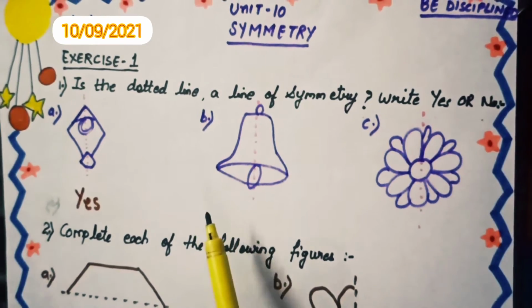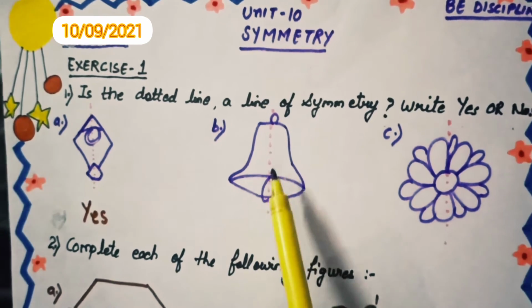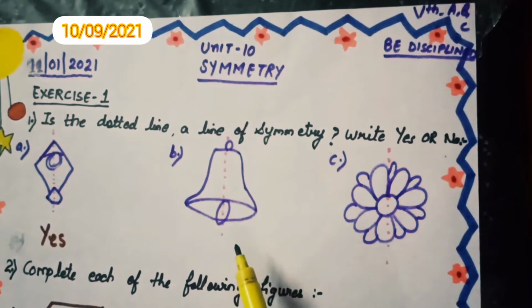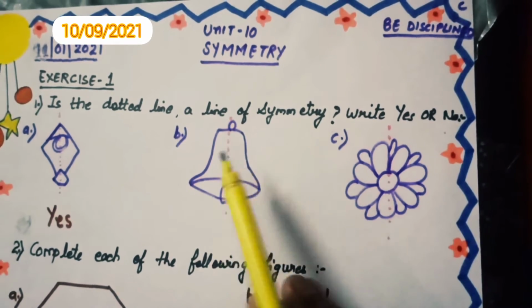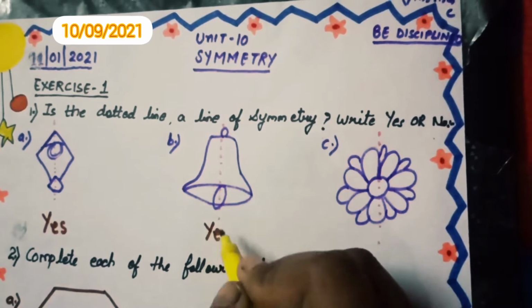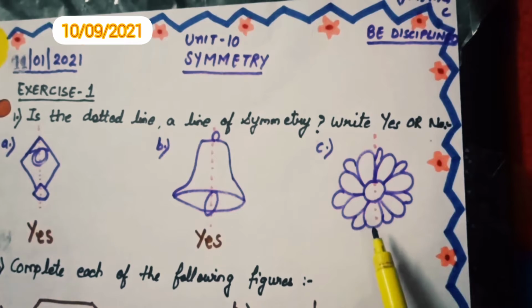Now this B part, just look at this figure, and we can see that yes, this line given over here is a symmetrical line. So yes, this line is again a line of symmetry. Now let us move on to this figure.